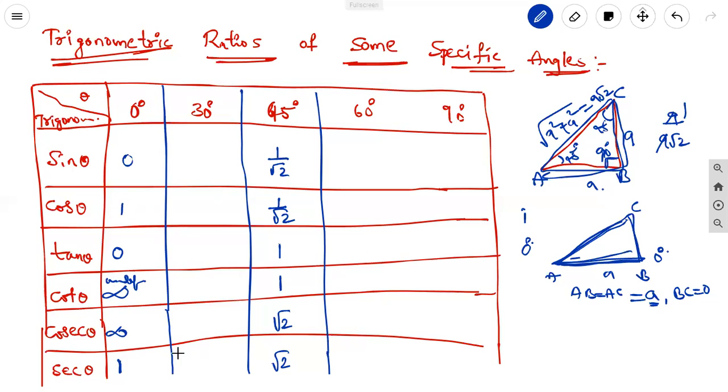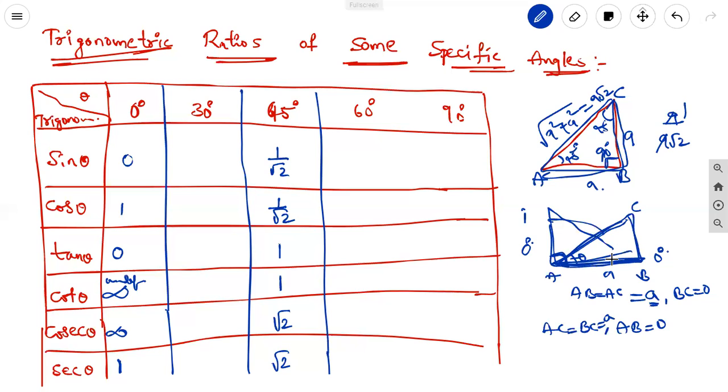And in the same way, for 90 degrees, this AC comes to the vertical line. Then in this case, AC coincides with BC and AB becomes 0. So here adjacent is 0. Then opposite and hypotenuse are both equal, let it be A. For sine 90 degrees, the theta becomes 90 degrees, so it comes up.